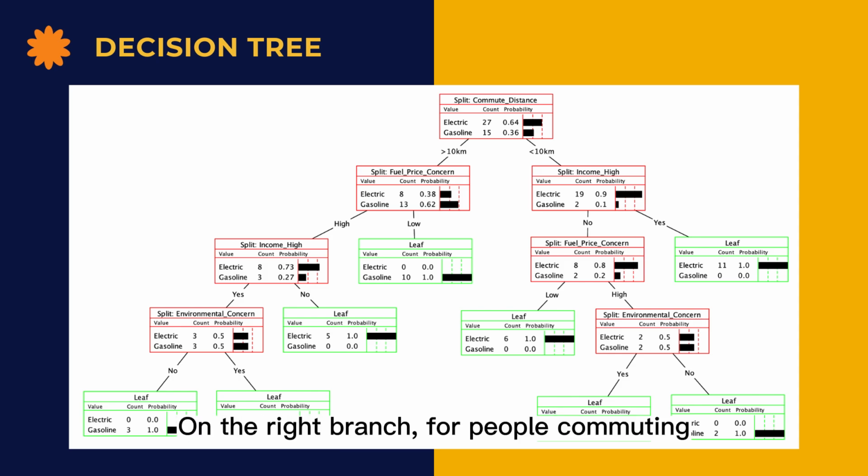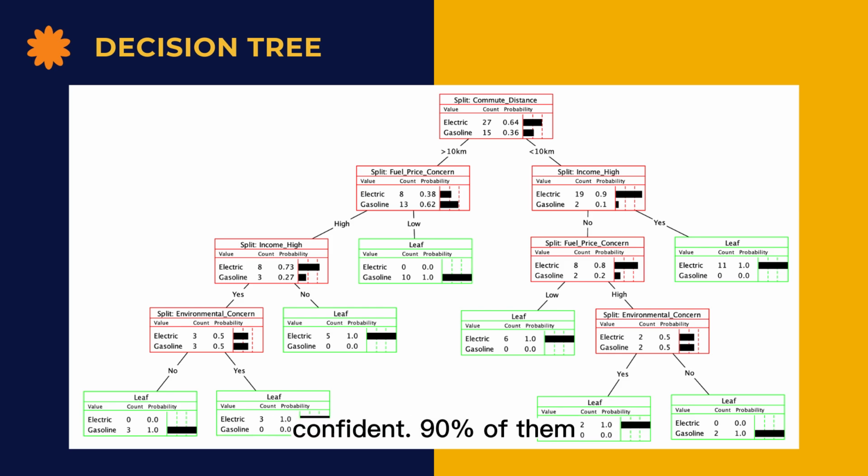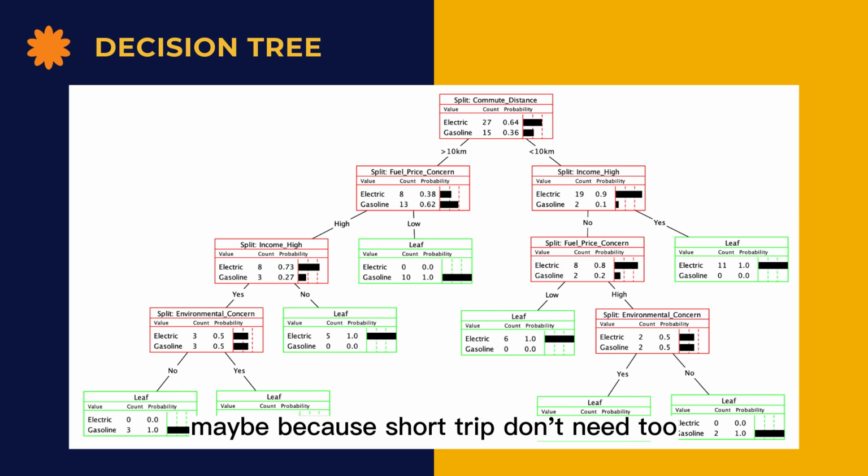On the right branch, for people commuting less than 10 kilometers, if their income is high, the model is very confident. 90% of them pick electric cars. If their income is low, it checks fuel price concern again. If they don't care, they still go for electric. Maybe because short trips don't need too much fuel.